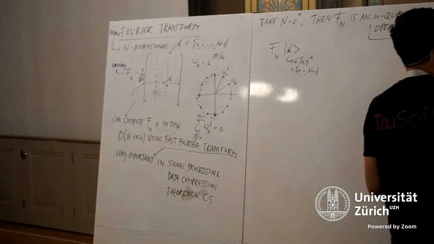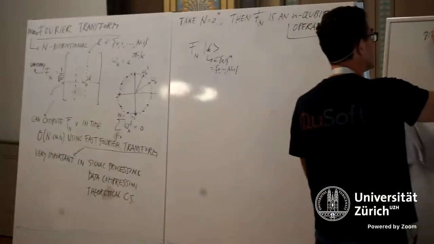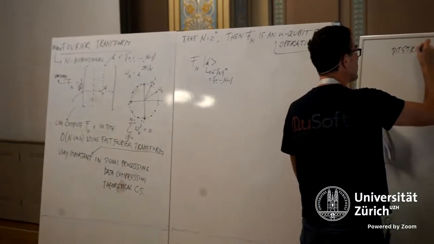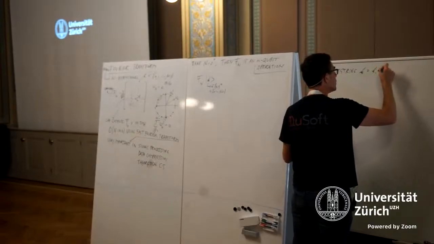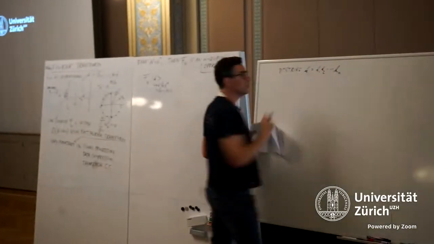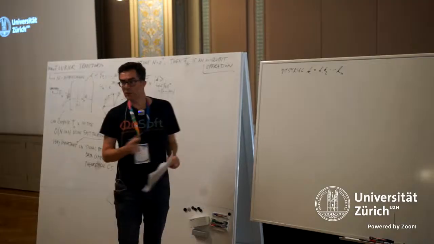So let's say you have a bit string k, let's say k1, k2, up to k little n, these things are bits, then this represents an integer in the following way.